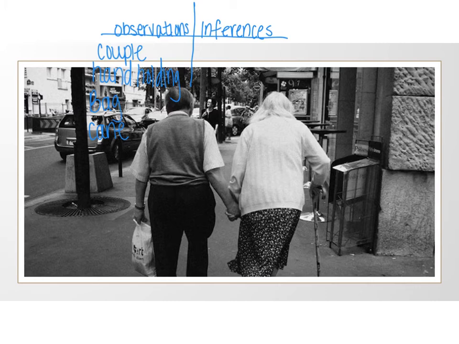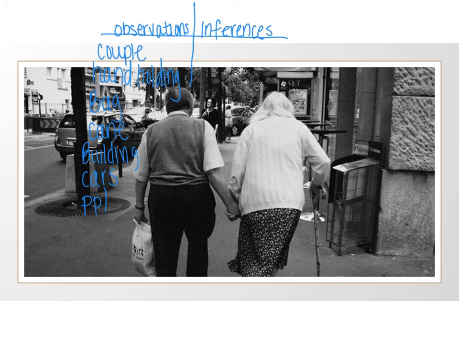So all of my observations are just going to be things that I see. So when I look around, I see buildings, I see more buildings, I see lots of cars. So I'm just going to say buildings, cars, I see other people. I'm going to abbreviate that, PPL. Okay, so I'm going to go through the picture and I'm going to list all my observations, which are all the things I can see.